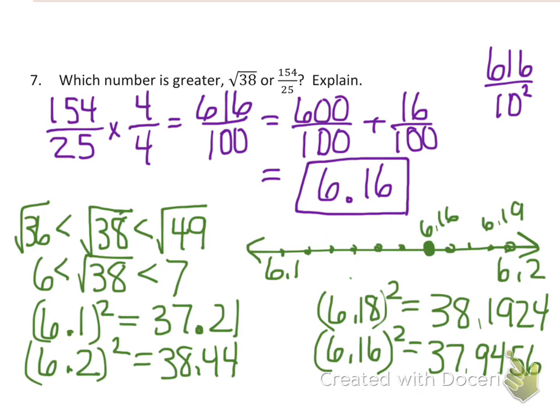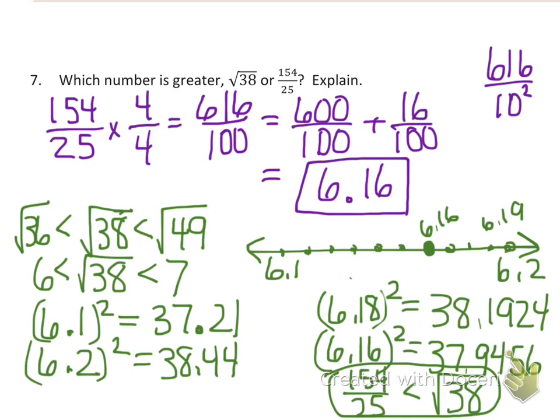So therefore 154 over 25 is less than the square root of 38, which were the two numbers that I was trying to compare. Okay, hopefully you followed all of that.